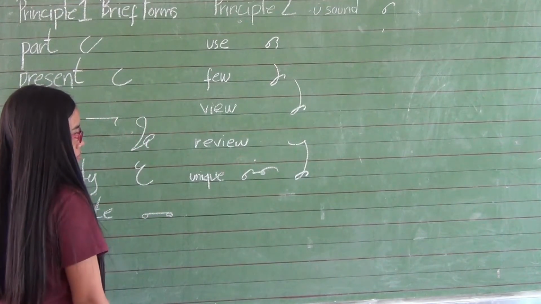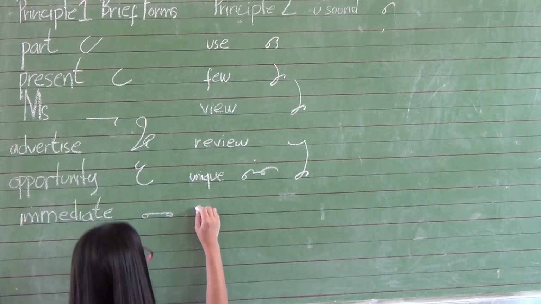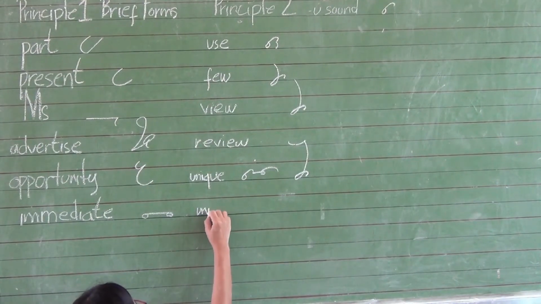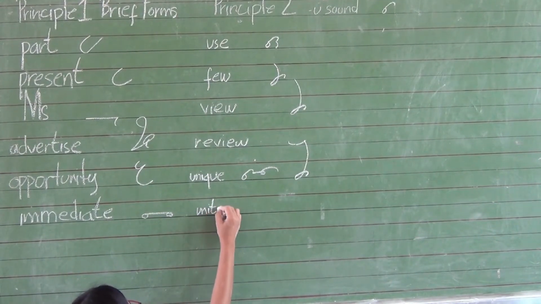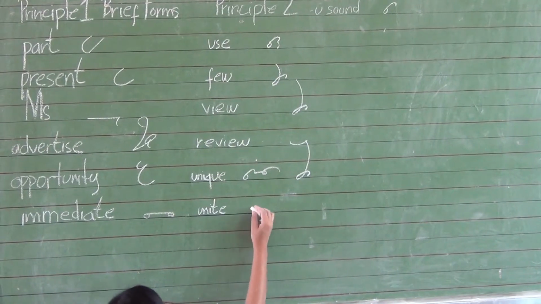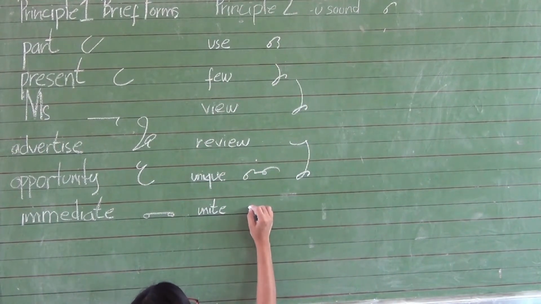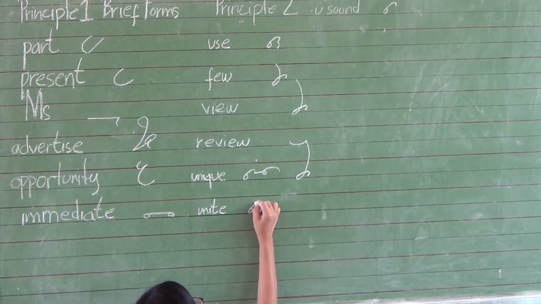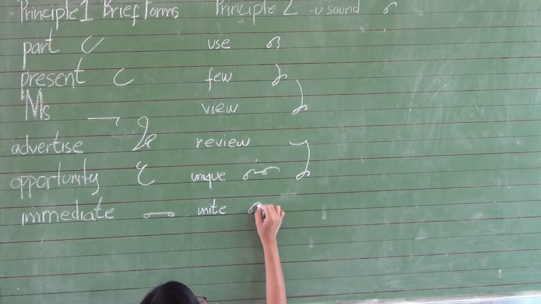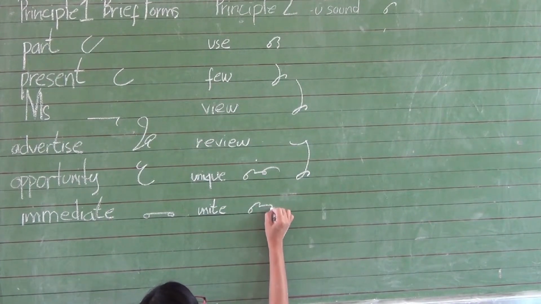Next, unite. It is represented by E, OO hook, and broken I, and T stroke.